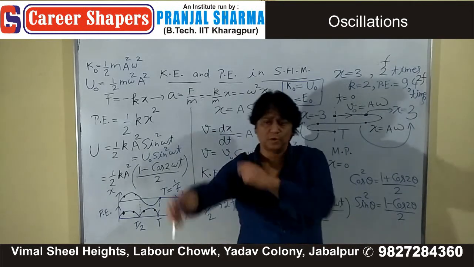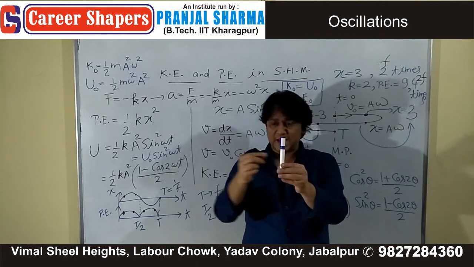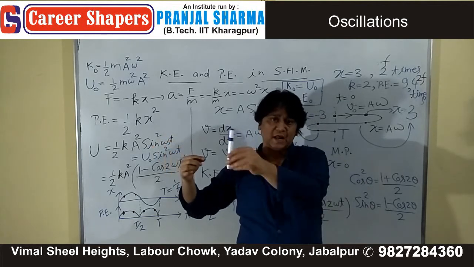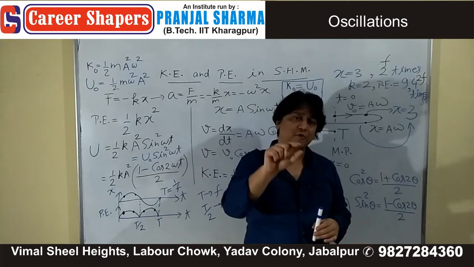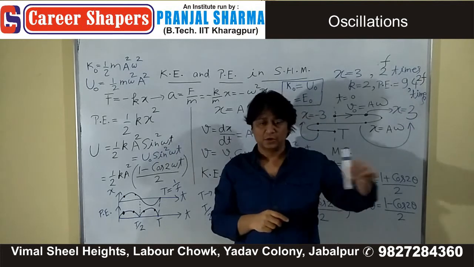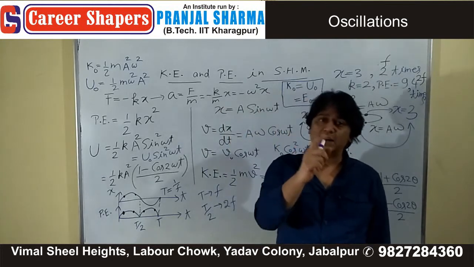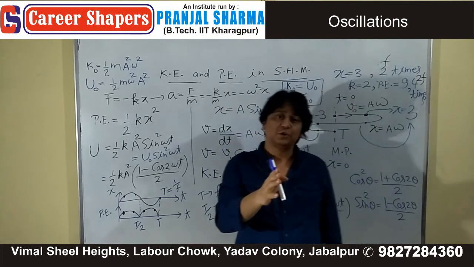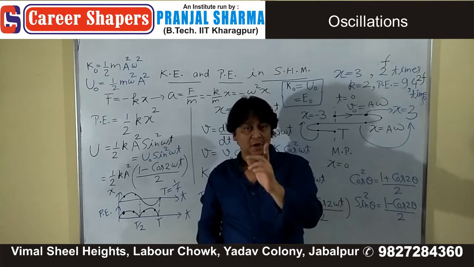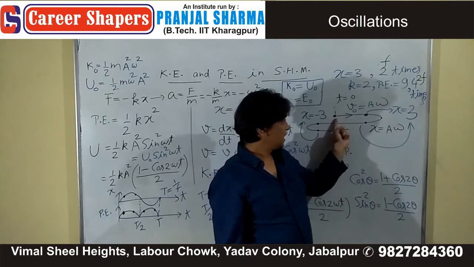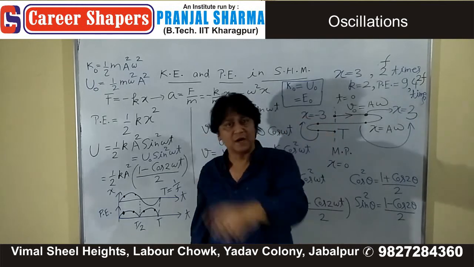Now let's understand the whole part with the help of a spring block system. Remember, we have a block connected to a spring and it's oscillating like this. When the whole thing passes through the mean position, you know that x is 0. If x is 0, there is no potential energy at the mean position. But at the mean position, kinetic energy is maximum. And what is total energy?